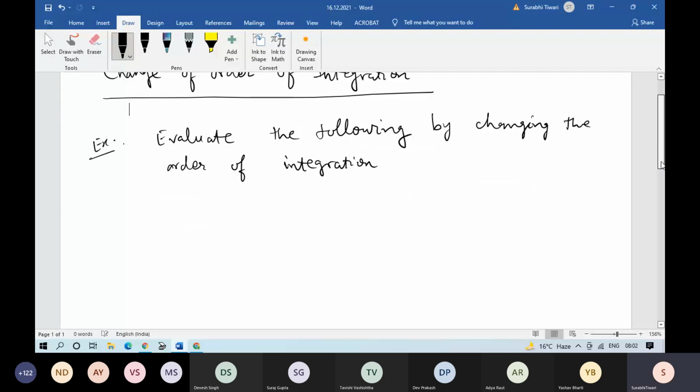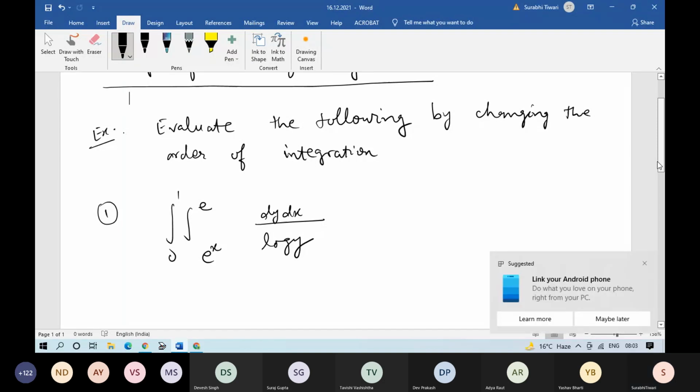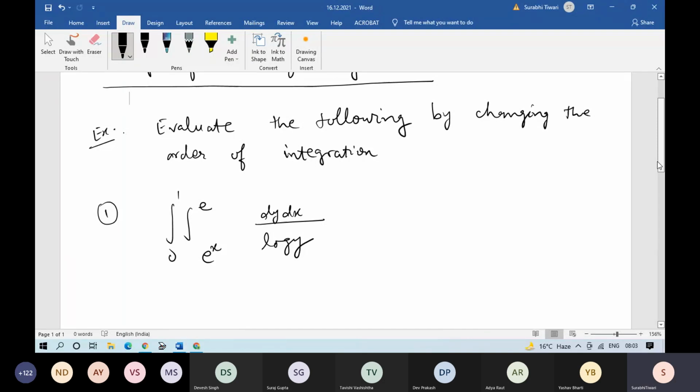The first question is the integral from 0 to 1, e raised to the power of x to e, dy dx upon log y. So first, this is dy dx, that is in the given region, the strip is taken parallel to y-axis.